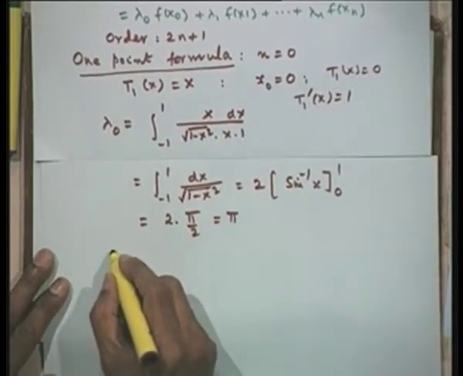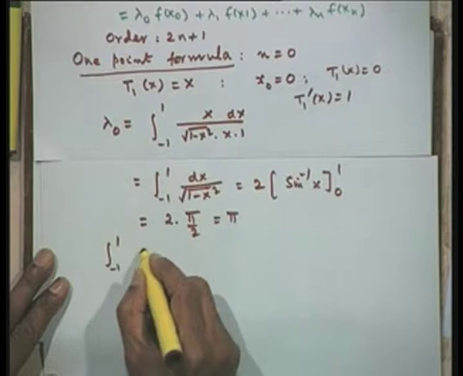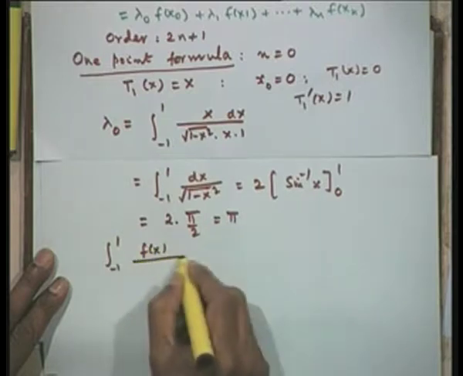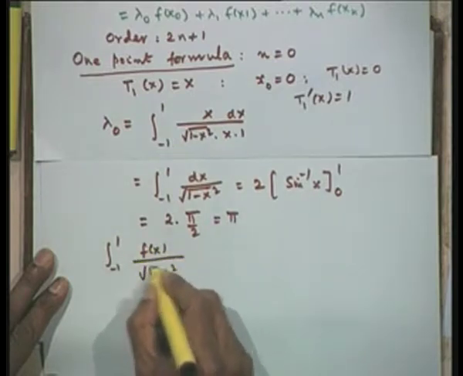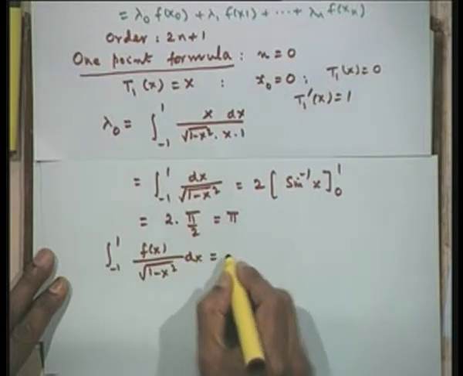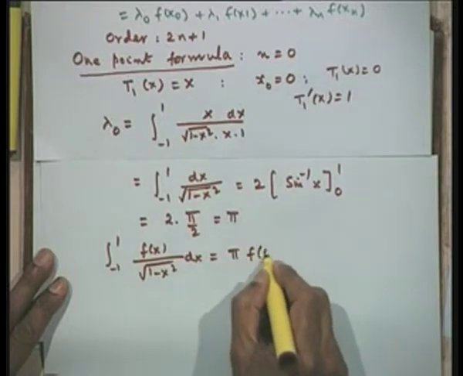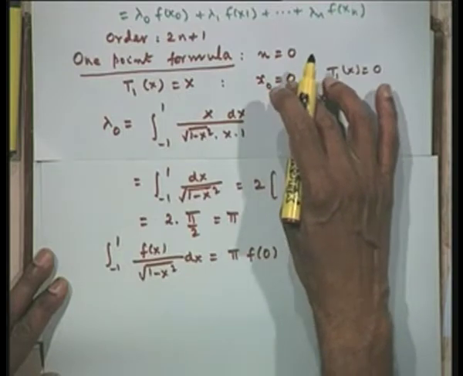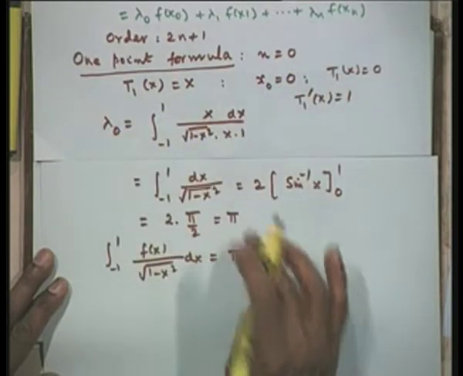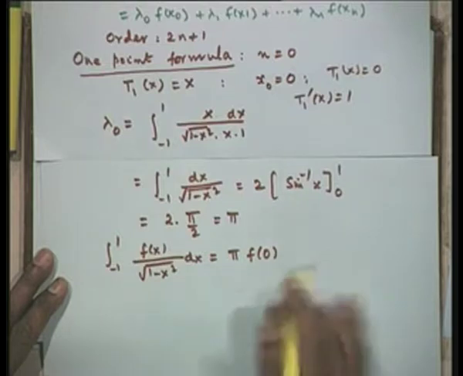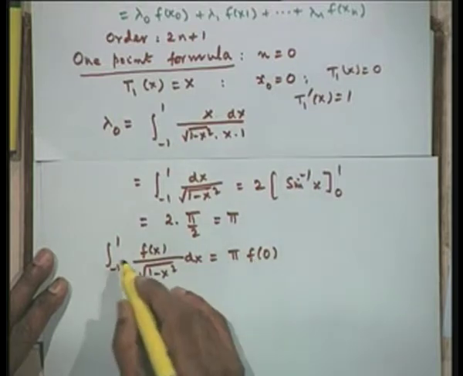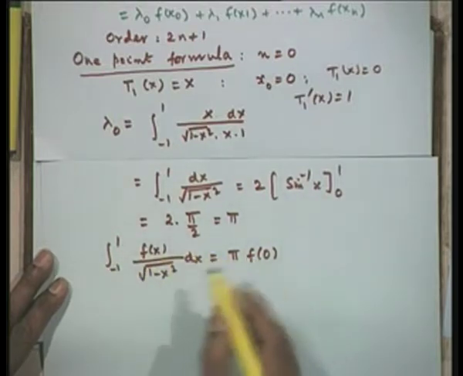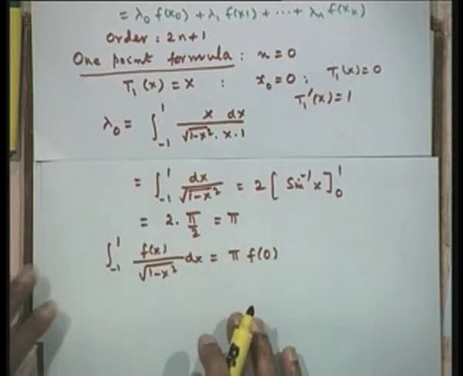Therefore, the 1 point formula is the integral from minus 1 to 1 of f(x) upon under root of 1 minus x square dx is pi into f of 0. The abscissa is x 0 is 0 and we have lambda 0 is equal to pi. So, simply pi at x 0, which you can see is almost like a midpoint rule, at the middle point only it has been obtained.